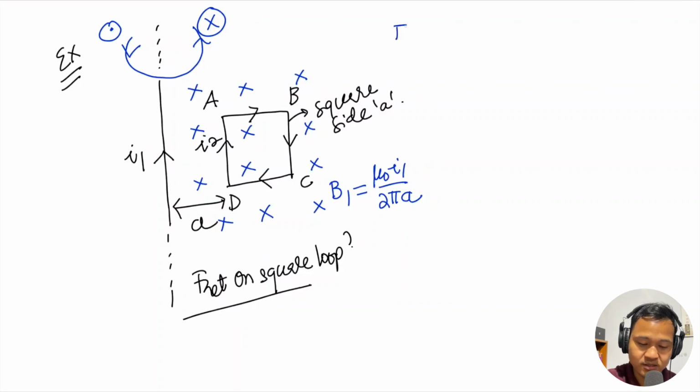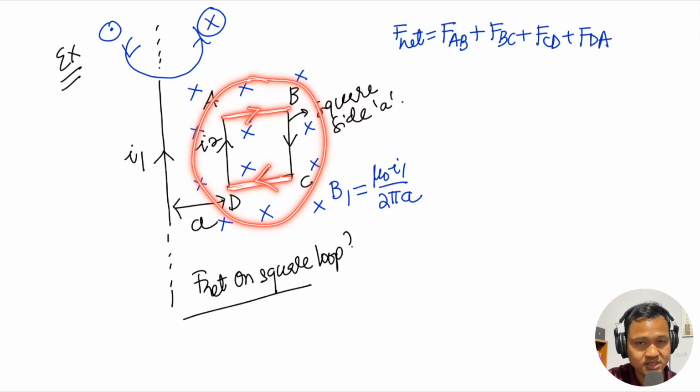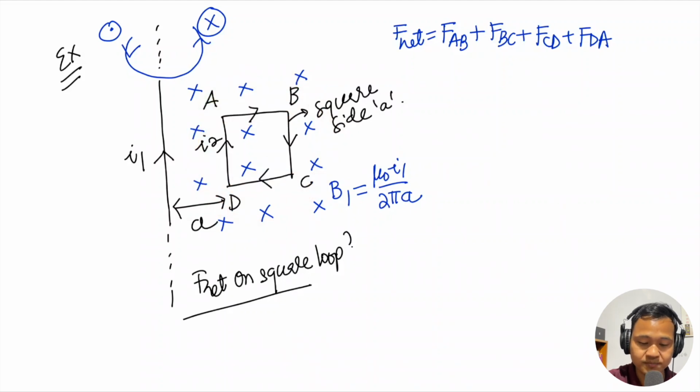Now we have to find the force on the square. Net force on the square will be force on AB plus force on BC plus force on CD plus force on DA. AB and CD have exactly the same length, same current, and the same magnetic field, so the force is equal in magnitude. Now the direction: L cross B. B is inward, so force will be like this.